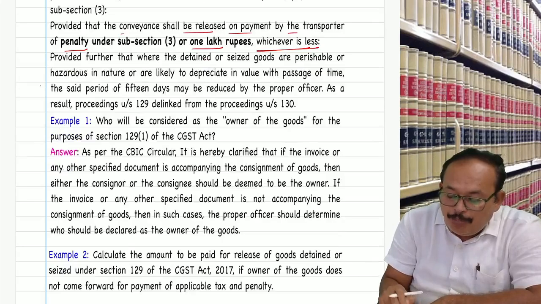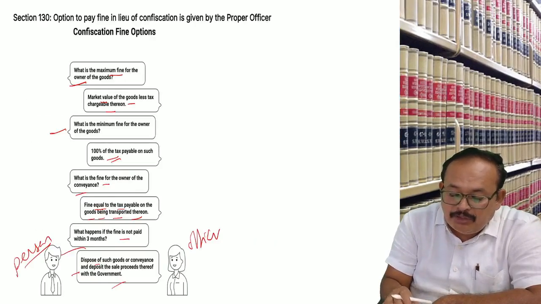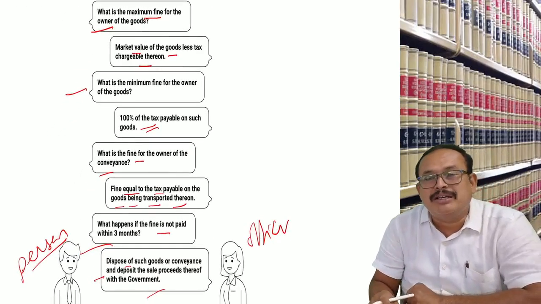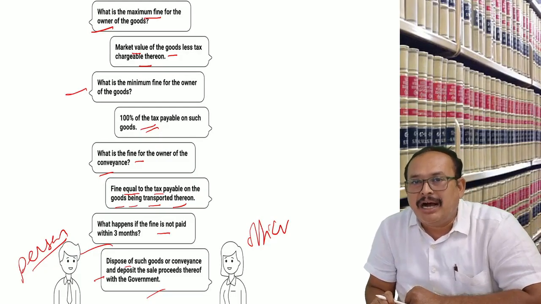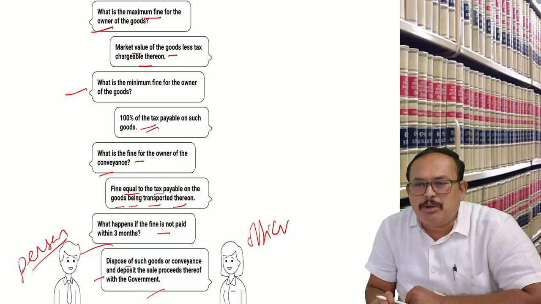Likewise, we have a fine in lieu of confiscation on the owner. The maximum fine under Section 130 is market value minus tax payable thereon. Minimum is 100% of tax.